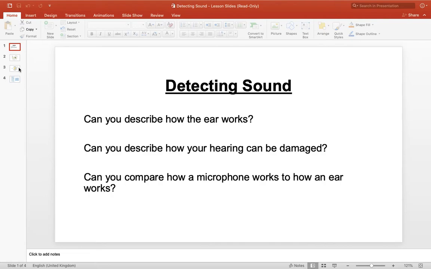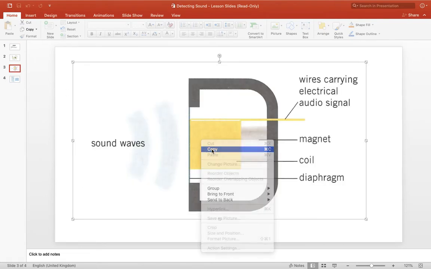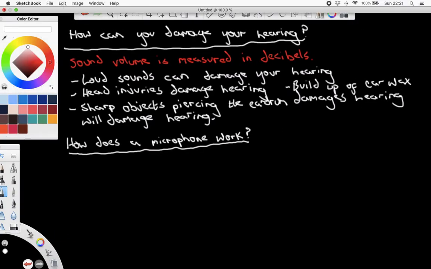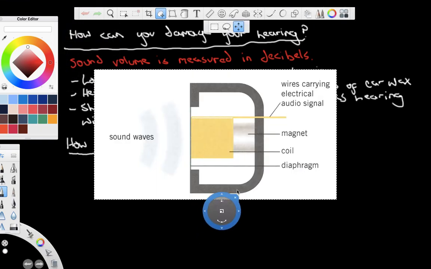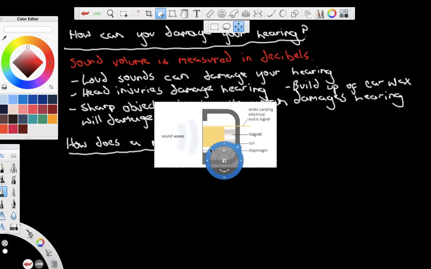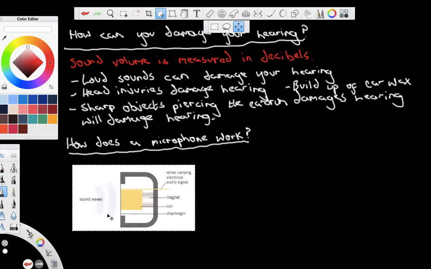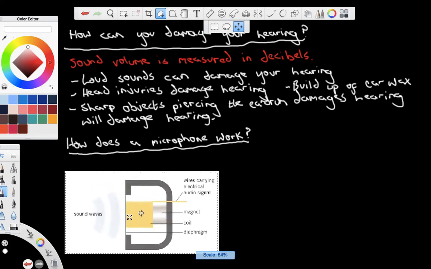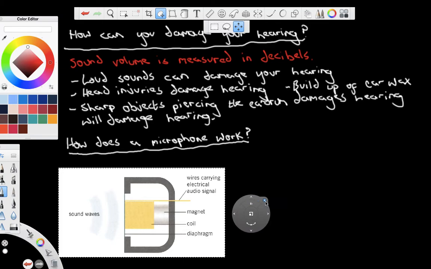And we can take an image off the PowerPoint that I had saved to use in lesson. And we can make it a lot smaller. If you want to see bigger, it is on the PowerPoint that I gave you. There we go. So this is essentially a diagram showing how a microphone works.